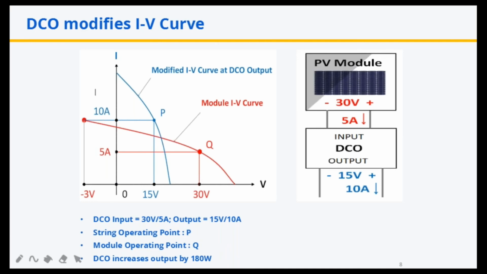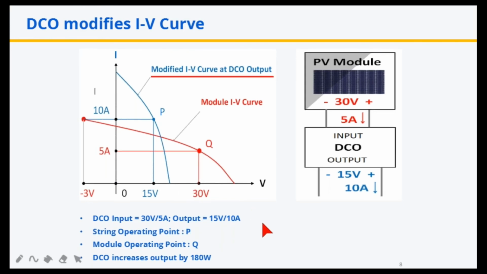So, at the output, the voltage will be half and the current will be double. The IV curve of the output is shown in blue. You can see that the short circuit current is now double and the open circuit voltage is nearly half.